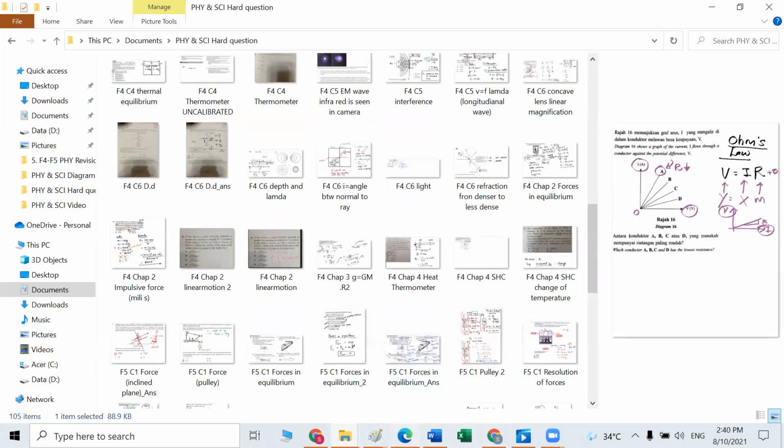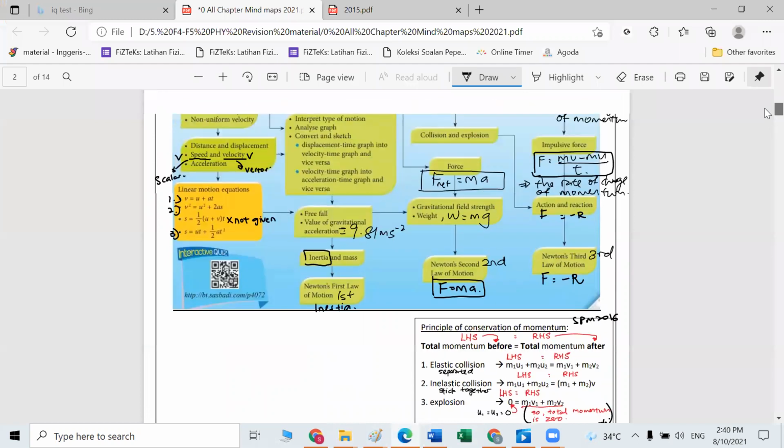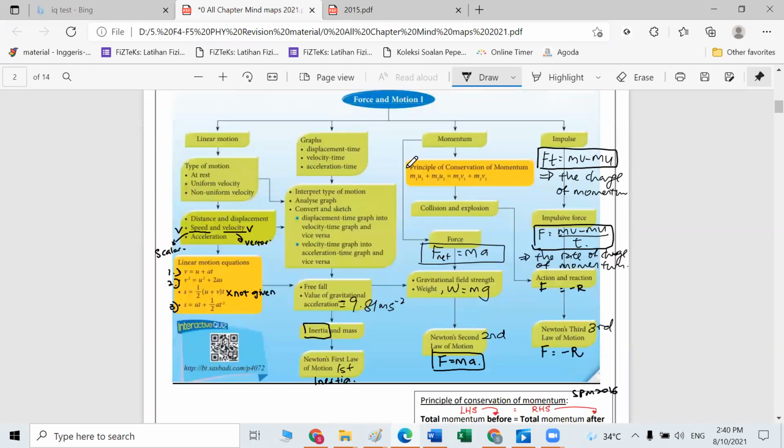Okay, never mind. Most of the time they will ask is total momentum is 0 for explosion. Okay, then next. Oh, graph.